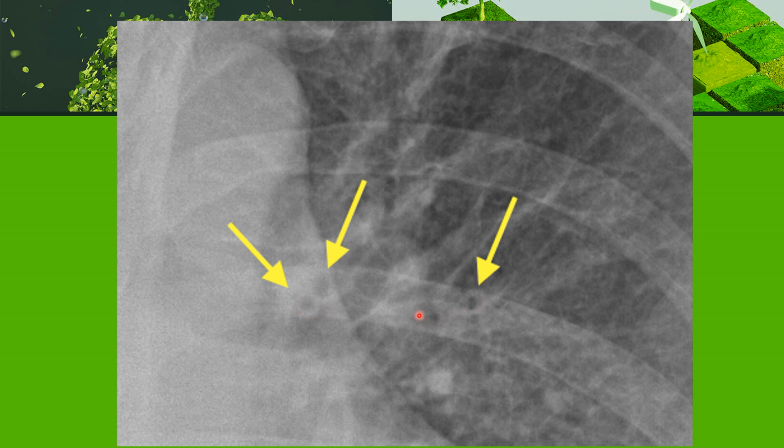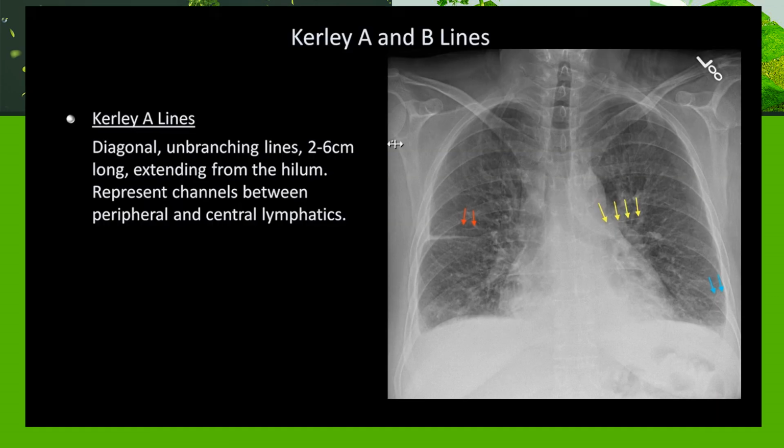But if you concentrate, you can see these thick bronchi as peribronchial cuffing in the mid hilar region and upper lobe region.